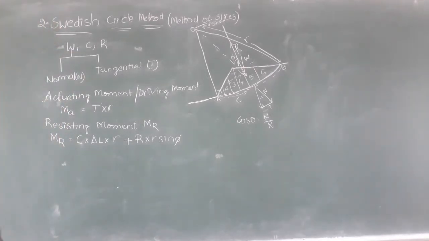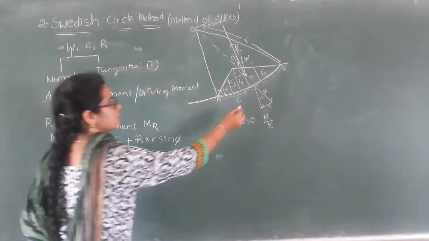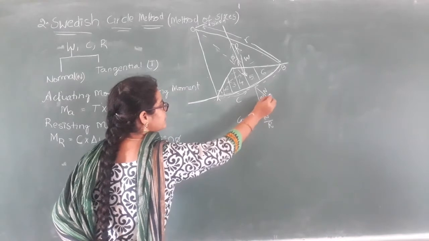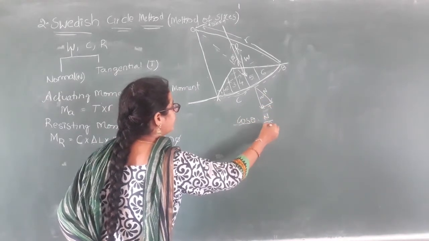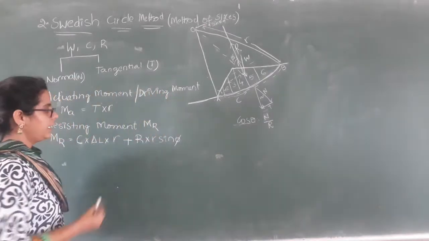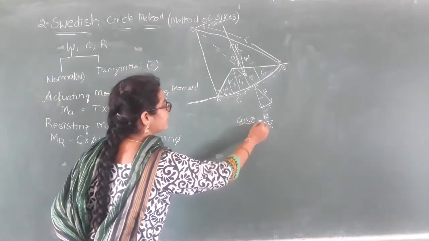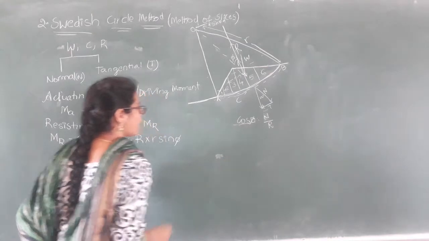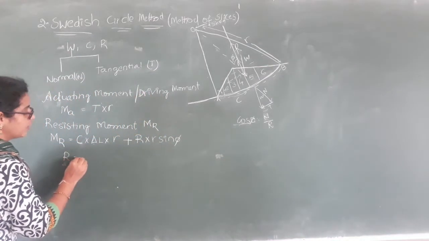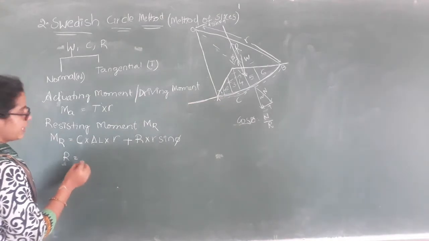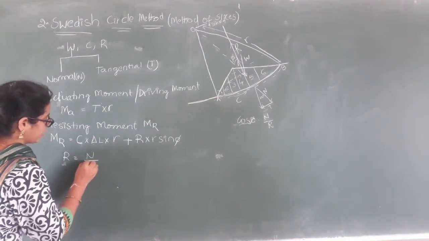So students, if you see the diagram, the weight is resolved into components N and P. So we can write cos phi equal to N by R. So what is R from this? R equal to N by cos phi.